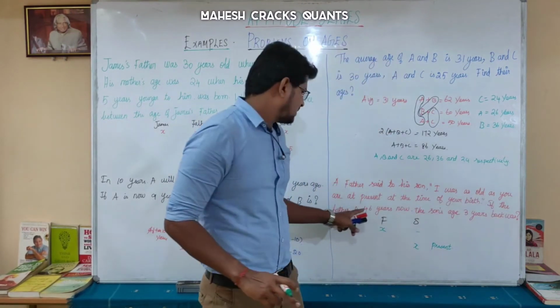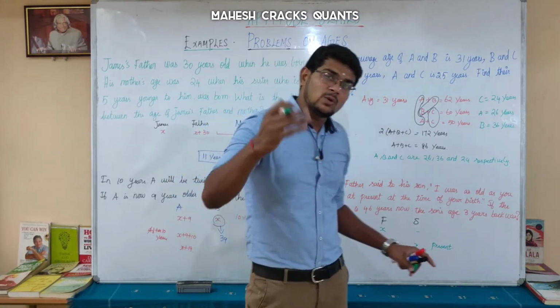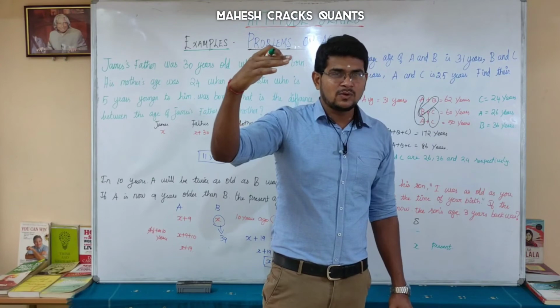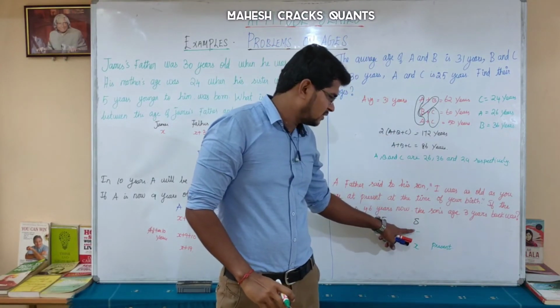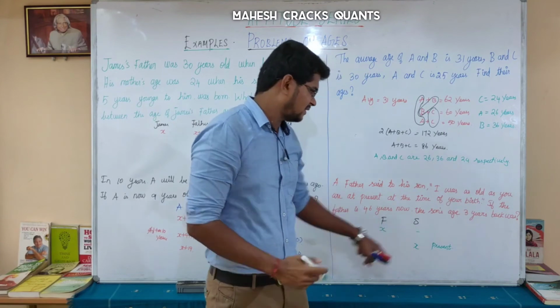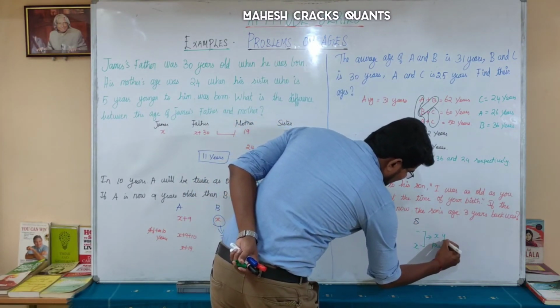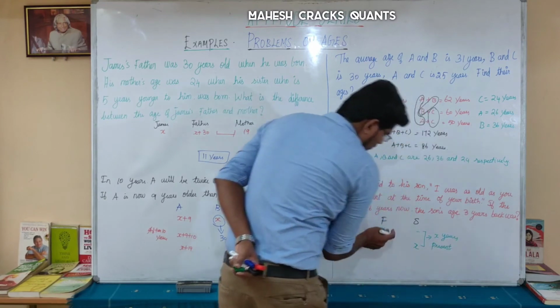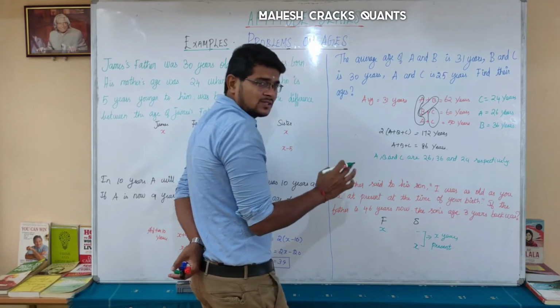If the father's age is 46 years now, what is the father's age now? He was X years old when, X years ago. This is X years ago, right? From 0 to X. The difference for the son from here to here is X years. So the father was X at first.